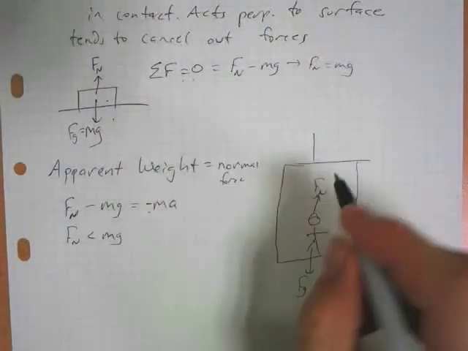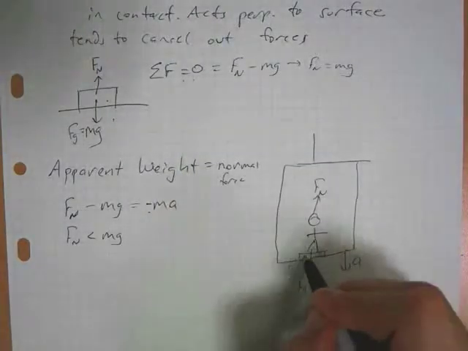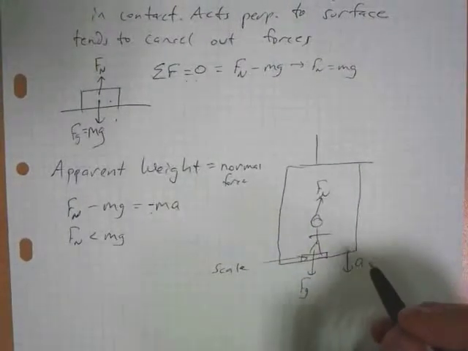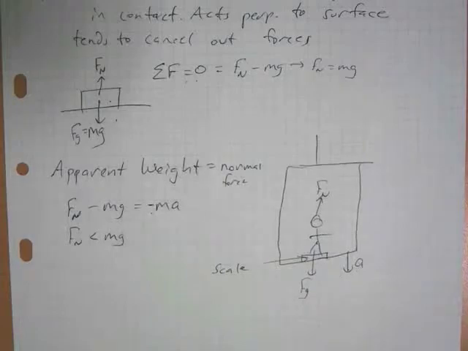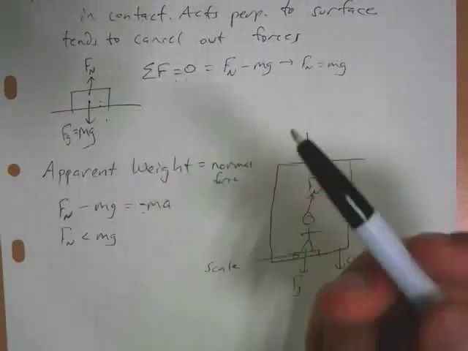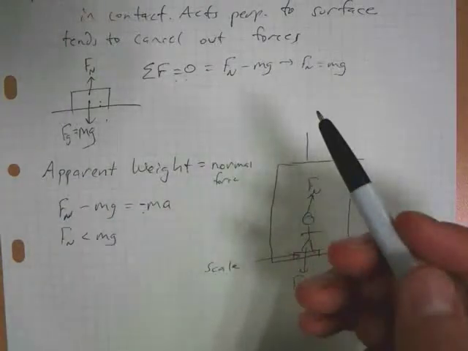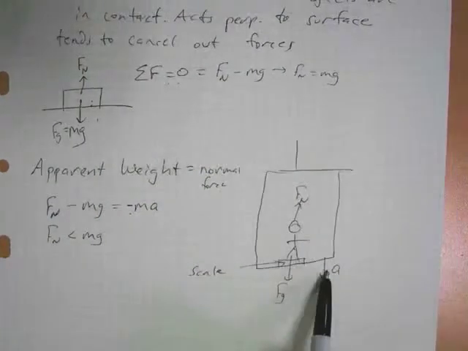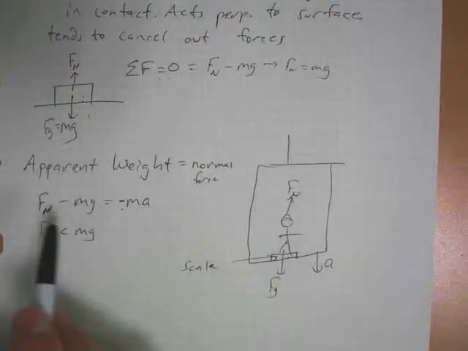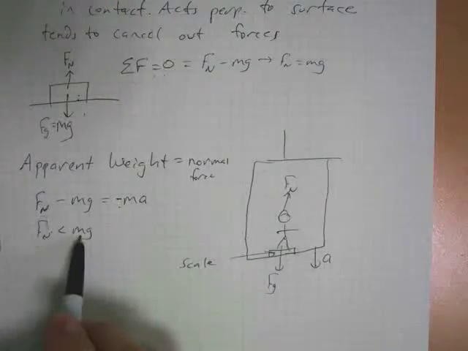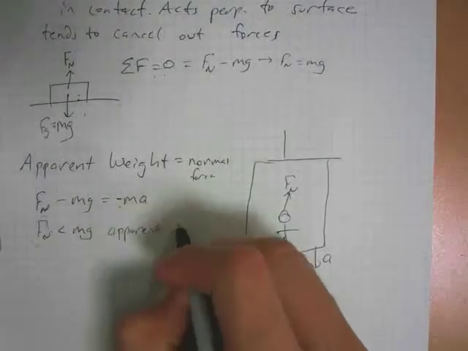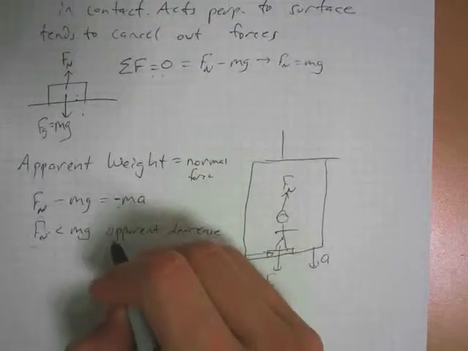This is also the weight that will be read if we put a little scale. This is the scale. The scale actually measures the normal force that it's exerting. So if you're just standing there, then that's equal to your weight, and so a scale will give an accurate reading of your weight. If you're in an accelerating elevator, then the scale, in this case, if you're accelerating downward, the normal force will be less than your weight, so then you will have an apparent decrease in your weight.